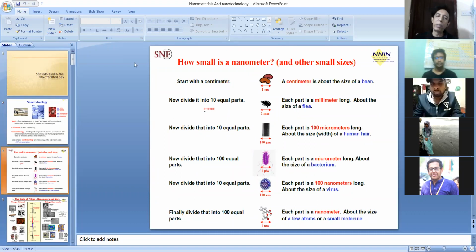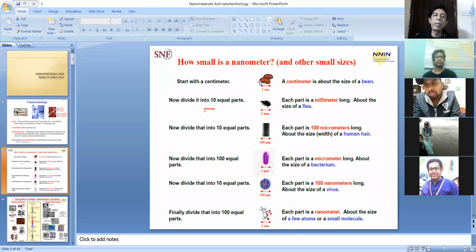So how small is a nanometer? If you see the seed of a bean, or a barboti, it is about 1 centimeter.